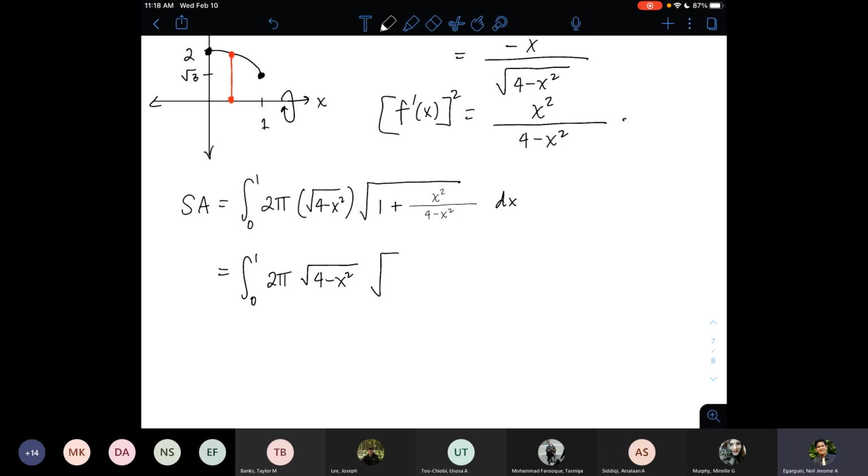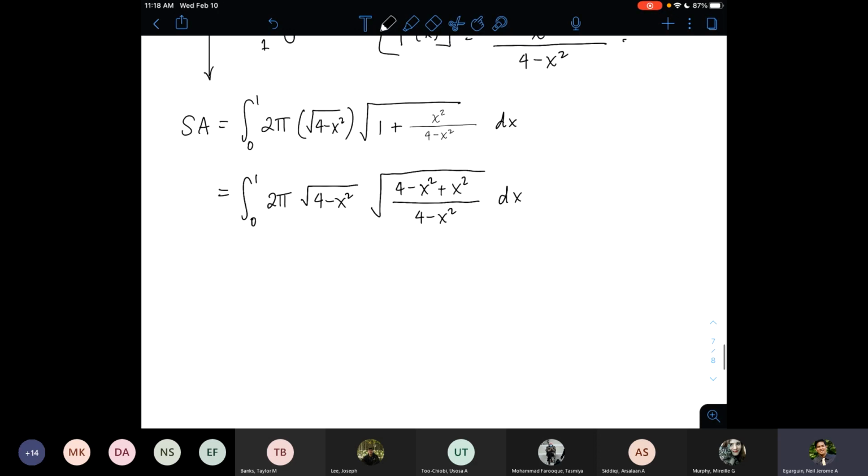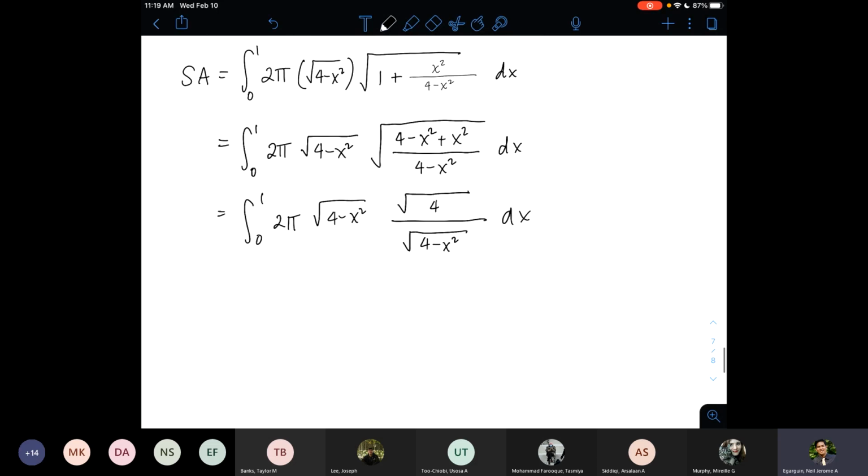Then let's simplify the second square root: 4 minus x squared plus x squared, all over 4 minus x squared, dx. So this would be the integral from 0 to 1 of 2 pi root of 4 minus x squared, and then I'll split the second radical as a fraction. If you simplify the top, you will have 4 all over root of 4 minus x squared, dx. Thankfully the square roots will be gone.